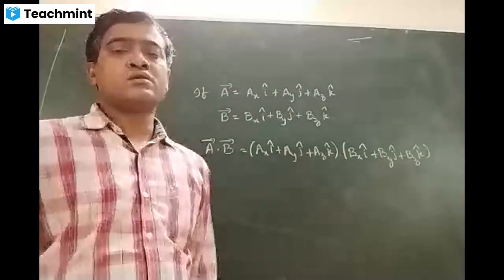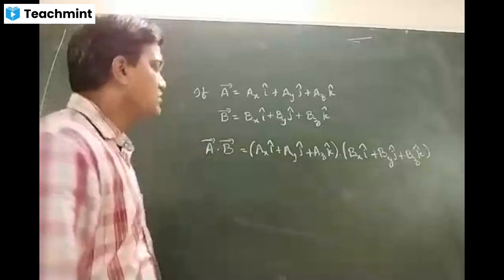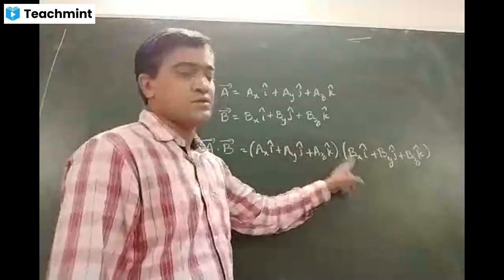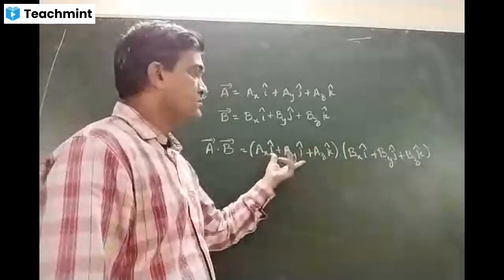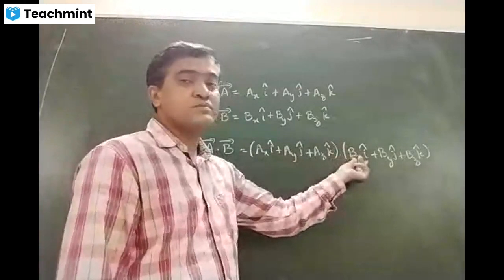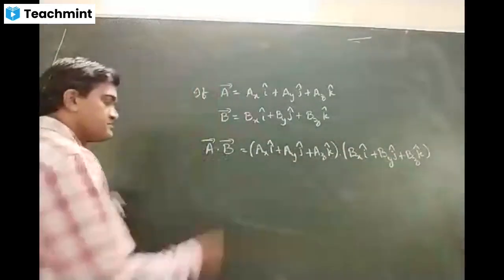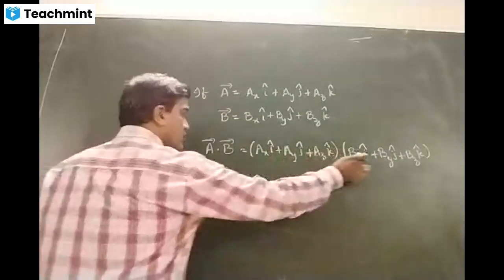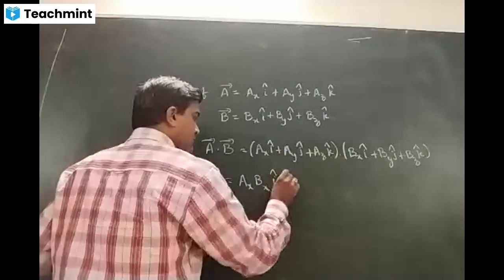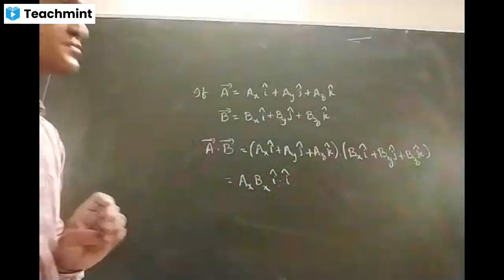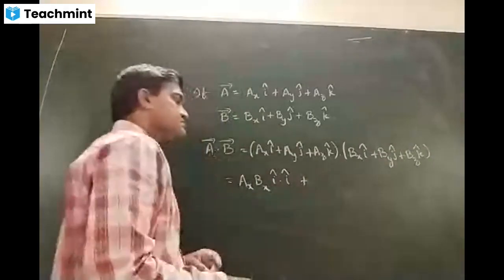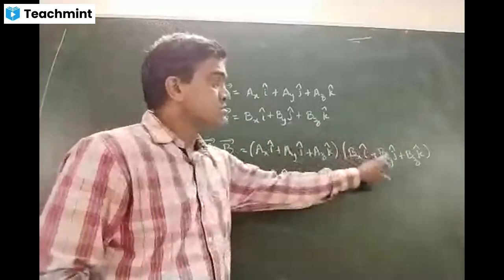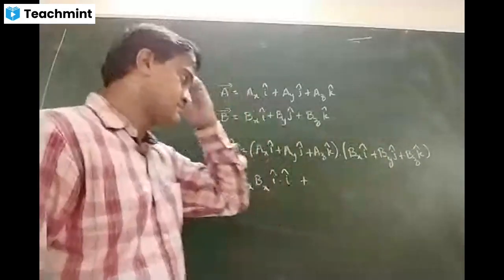Now you have to do the multiplication. The first term in the first vector with the first term in the second vector, if I multiply, what will I get? AX BX I cap dot I cap. I cap dot I cap is nothing but 1. Plus the first term in the first vector with the second term in the second vector.